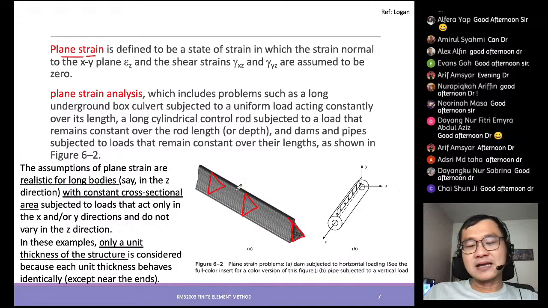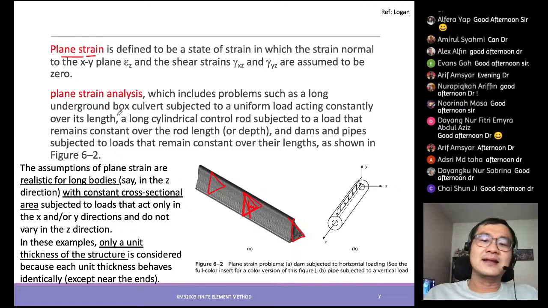So along these directions, the changes are very minute, that's they are 0, right. So therefore in that case, it will be suitable just to analyze only one particular cross-sectional area as a two-dimensional case. We call this a plane strain analysis, okay.